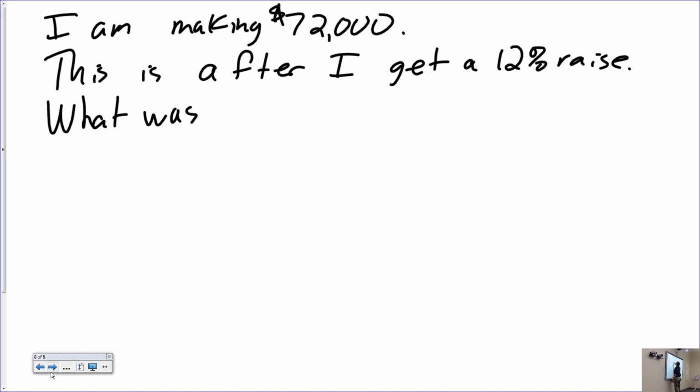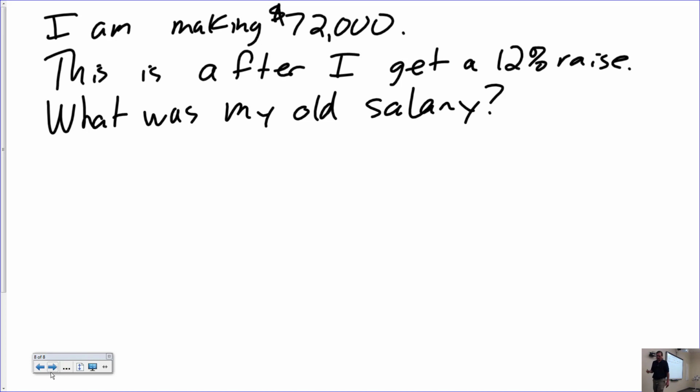What was my old salary? And this is where it starts to get a little bit more complicated, and where students make the standard mistakes that you make when you're dealing with percentages and percentage increases and percentage decreases. All right?